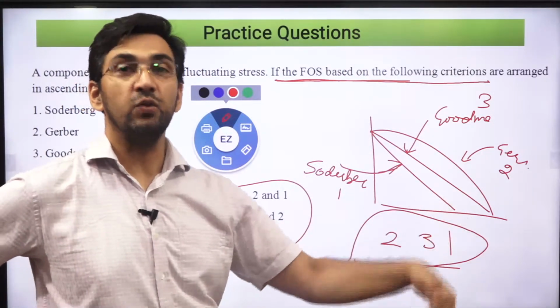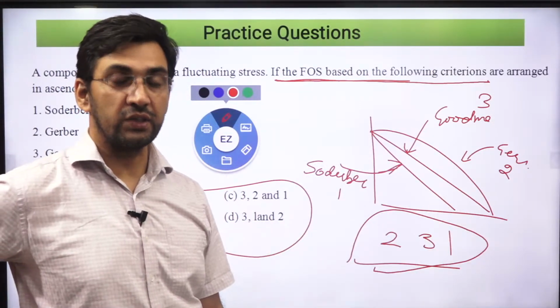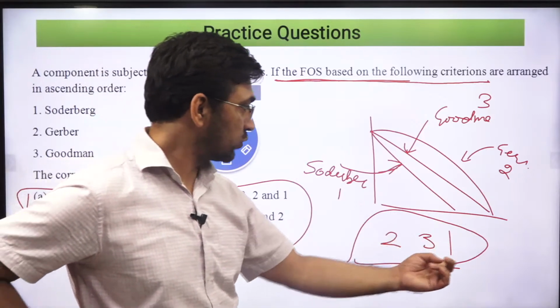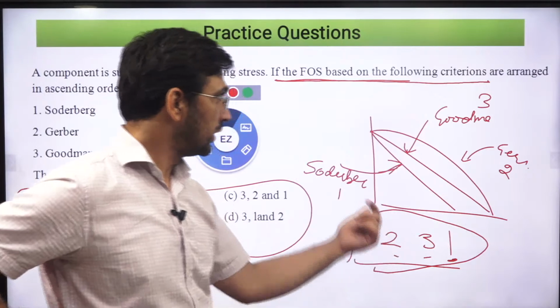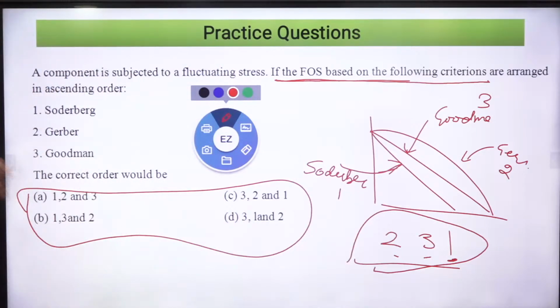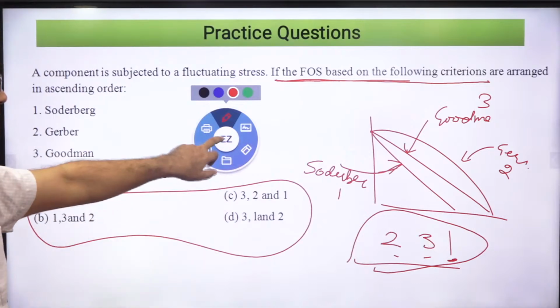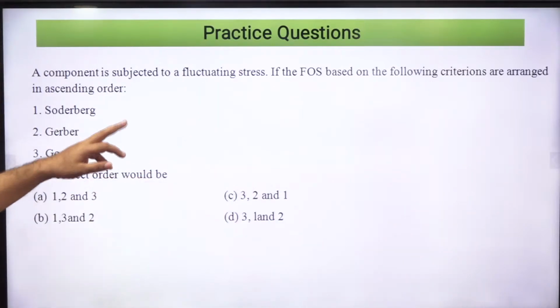It means indirectly you are considering the factor of safety more. So the most conservative is this one, largest you will get, and this one. This is how you have to consider. I will cross check again whether there is a typing mistake or something else. Cross check it also in the meantime, because I don't know whether we have made some typing mistake. We'll check. But you have to think that way.